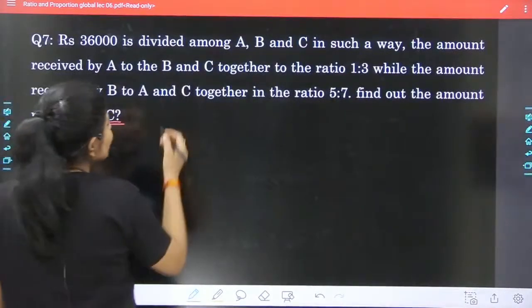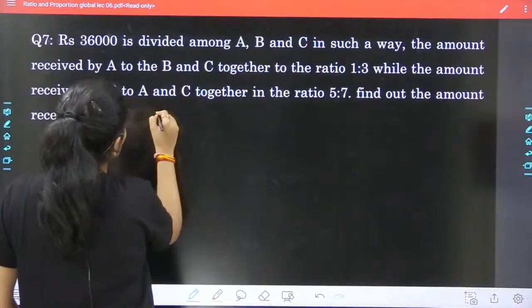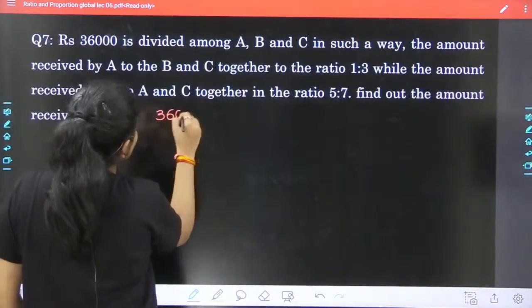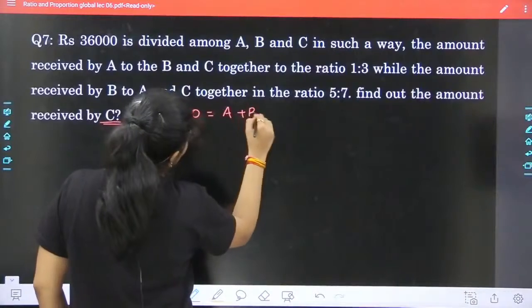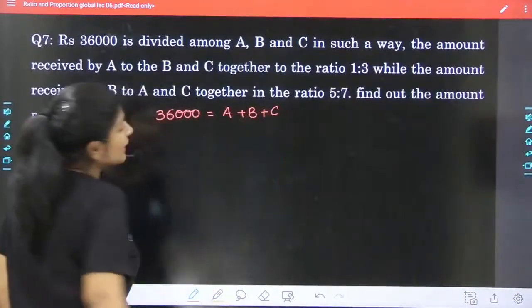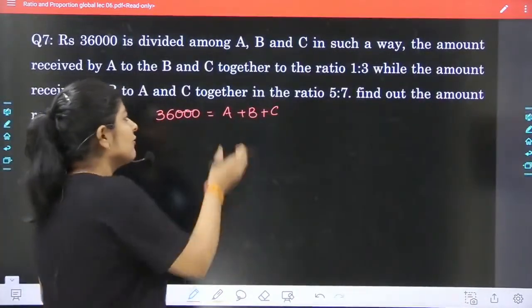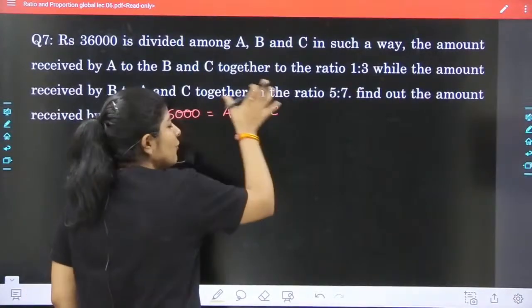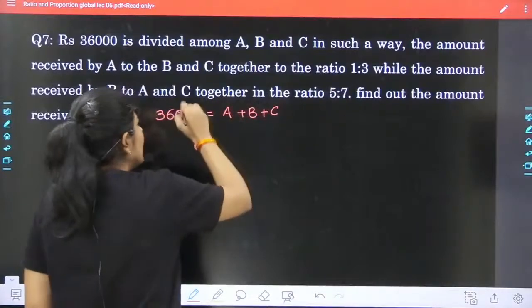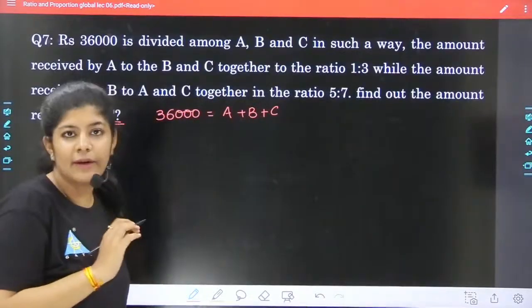Okay. What we have to do, we have to divide this 36,000 among A, B and C. So I can say that the amount received by each of A, B and C, if I do the sum of all these three values, it will equal 36,000, right?